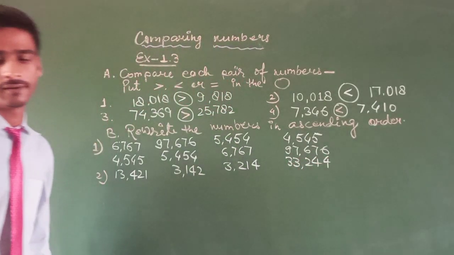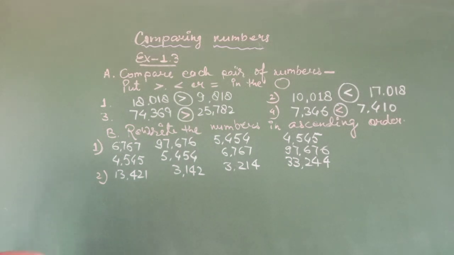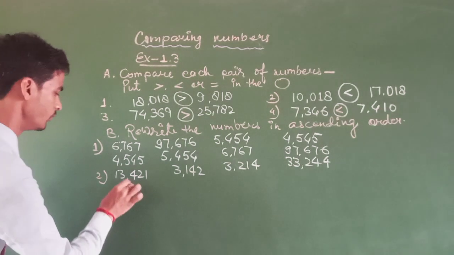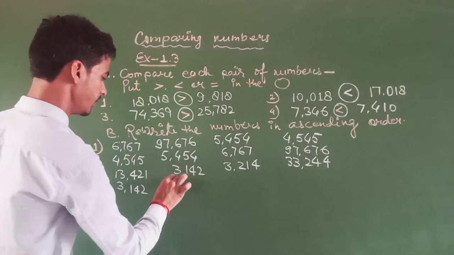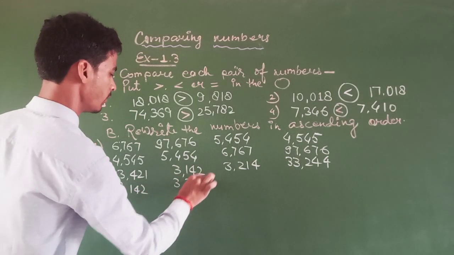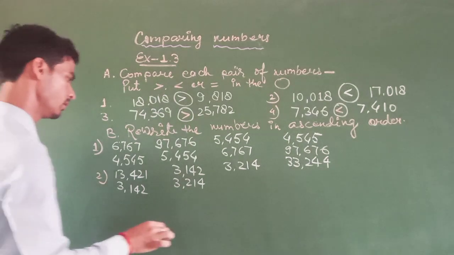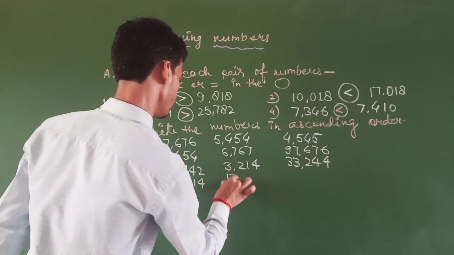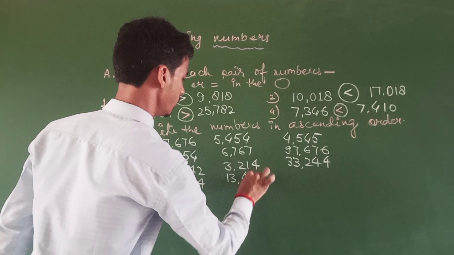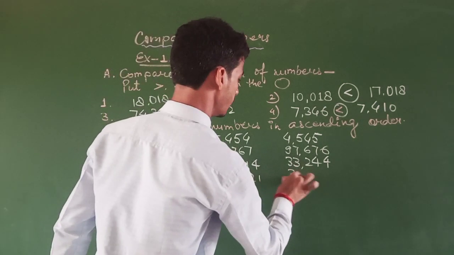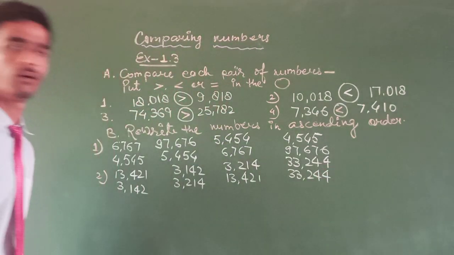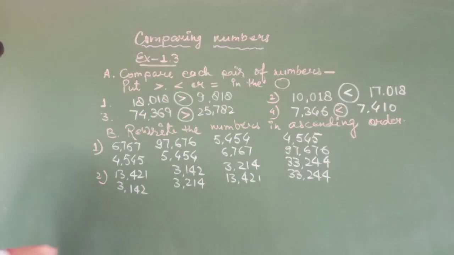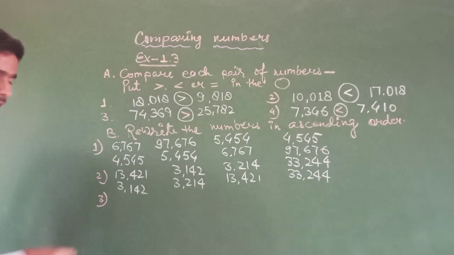Firstly, we have to arrange from smallest to greatest. So there will be 3,142, and after that 3,214, and next 13,421, and next 43,244.